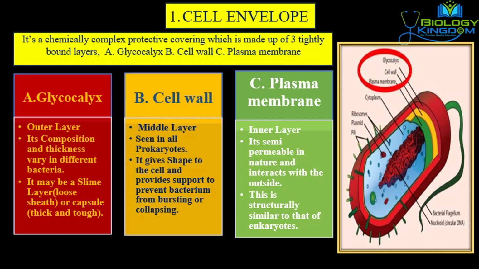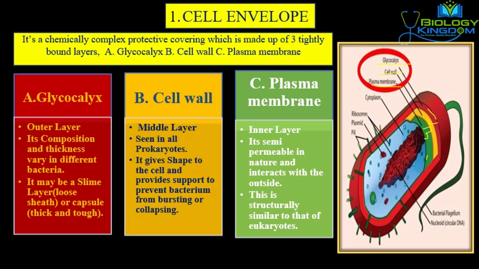So as I have just said, if we observe this structure very carefully, here we have 3 layers. The first one denotes the glycocalyx, the second layer, which is in dark yellow color, denotes the cell wall, and the third one, having green color here, denotes the plasma membrane.